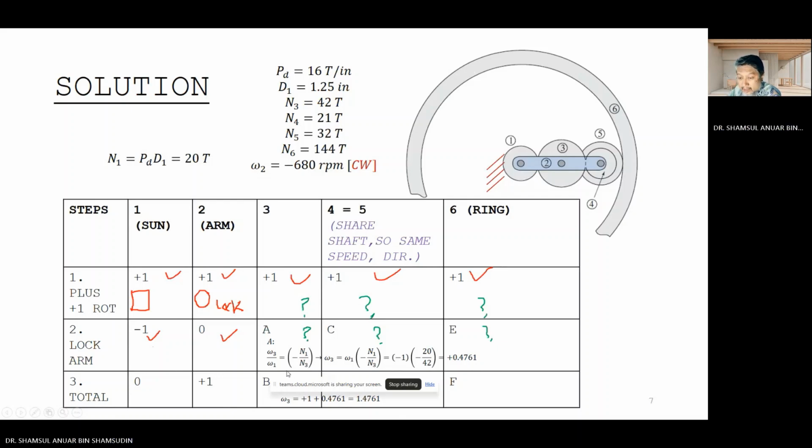We can solve for omega-3 using this ratio and get positive 0.4761. You add that to the +1 and get 1.4761 for the total.